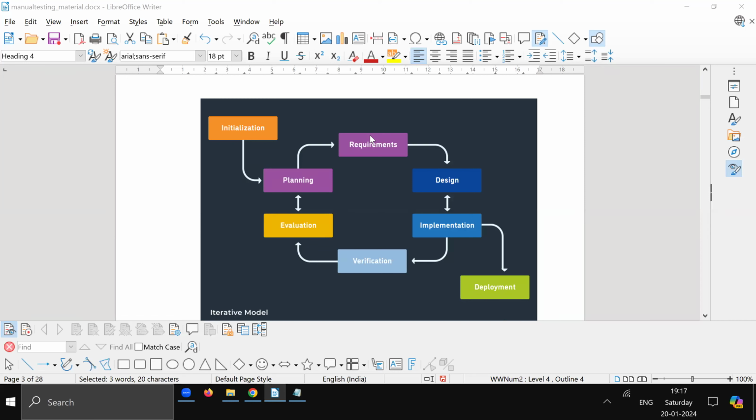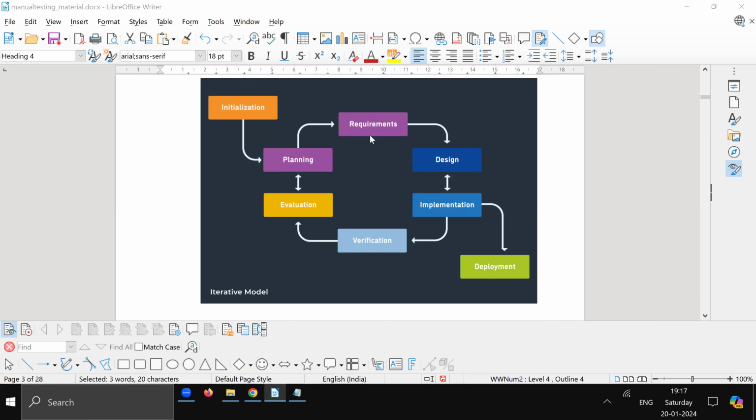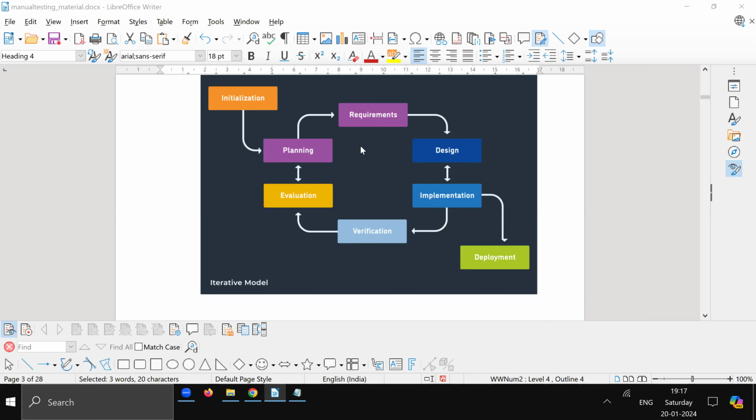Windows 7, Windows 8, then came Windows 10, and probably now Windows 11. This goes on in an iterative model. That is called the iterative model, and it is mainly adopted by product-based companies.